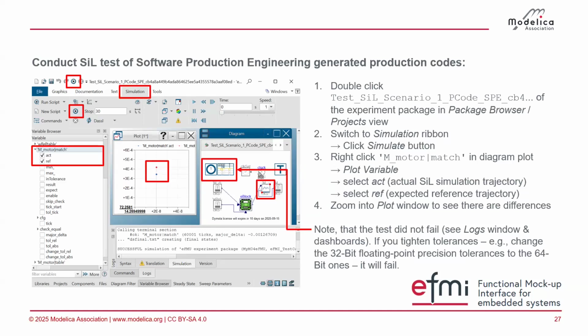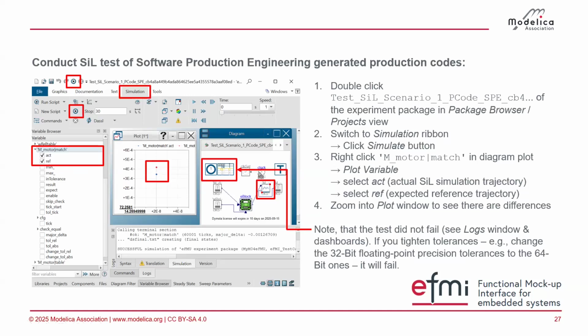But you can also plot this. For example, you pick this motor, the match block, and there you pick actual and reference for plotting. The actual is what the eFMU production code simulated, its output. And reference is what we expected from our normal offline simulation.